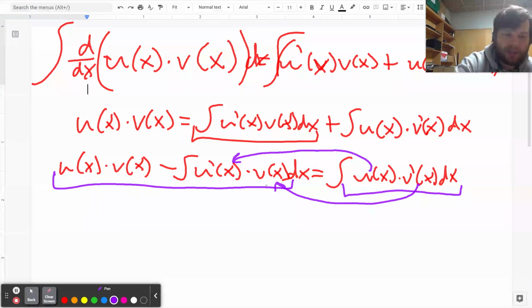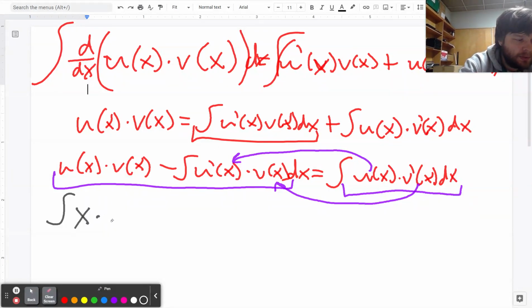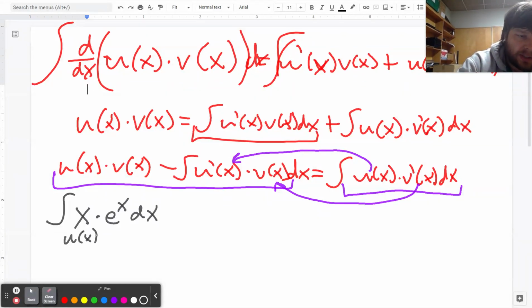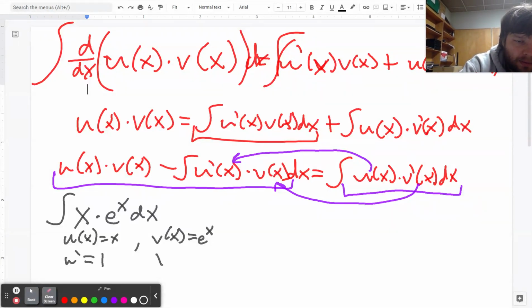So here's kind of a classic example. If you have an integral like x times e to the x dx, there's no substitution that will help here because they don't have anything to do with each other. But if I say that u of x is x and that v of x is e to the x, then u prime is equal to 1 and v stays as e to the x.